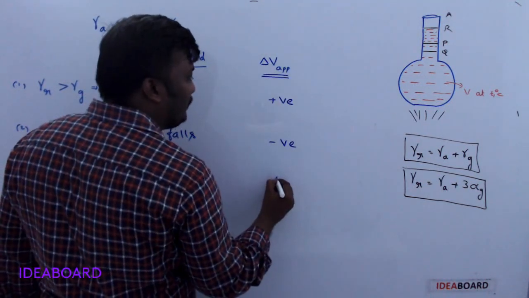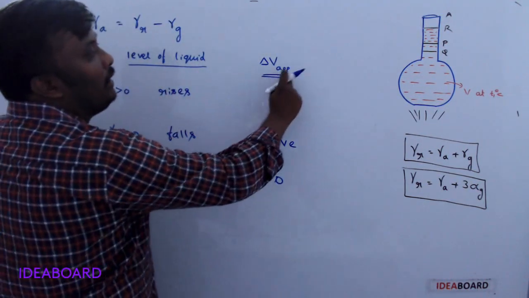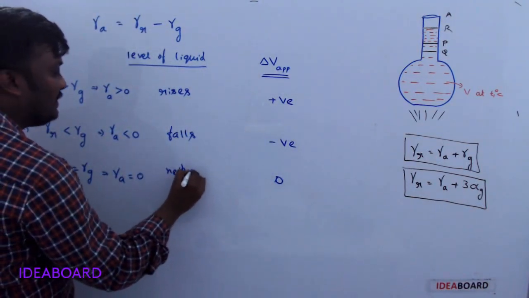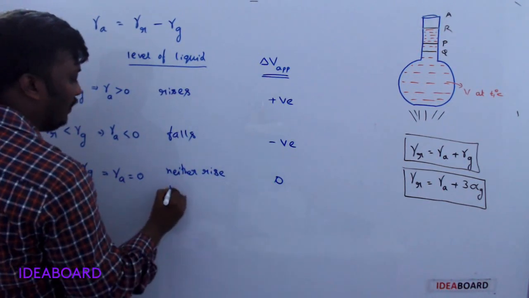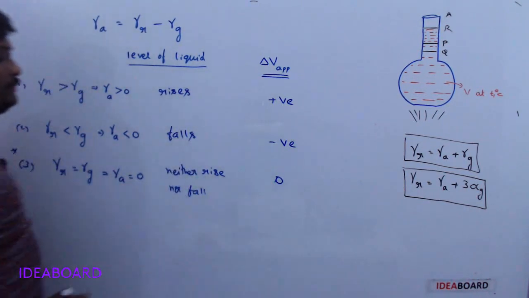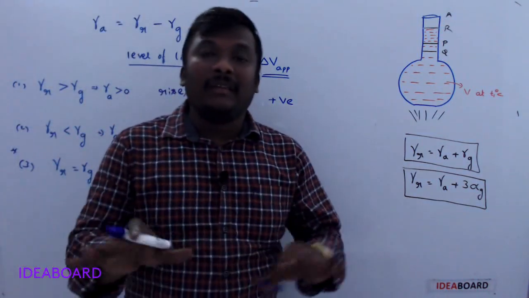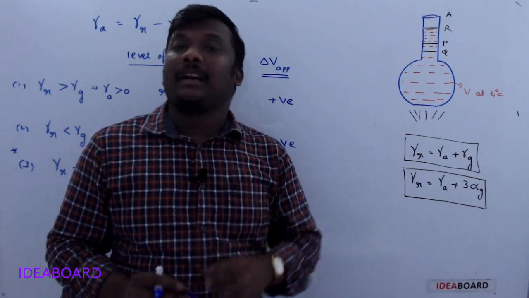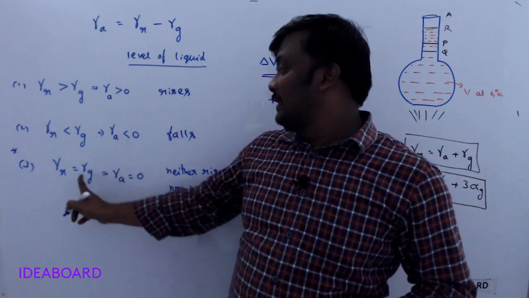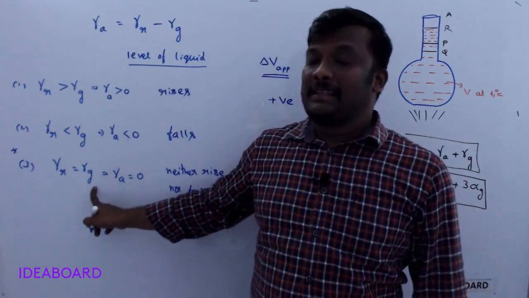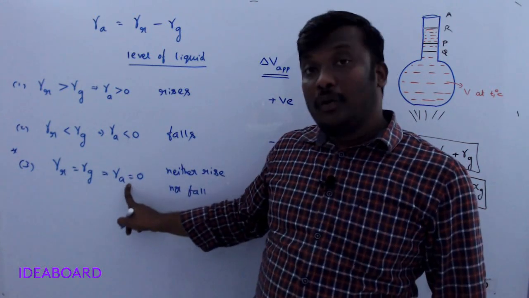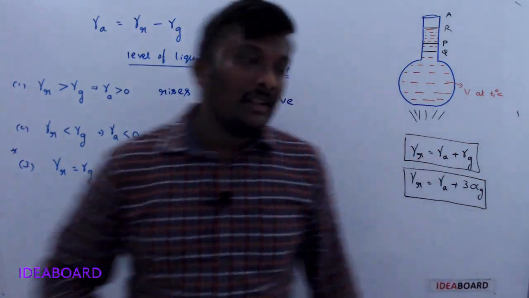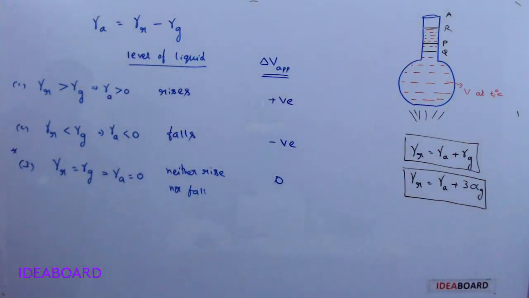So delta V apparent is 0, so there is neither rise nor fall in the liquid. The liquid level does not change. Even if you increase the temperature, since the real expansion is equal to the cubical expansion of the vessel, there is no rise or fall in the level. Understand? So this case is very important.